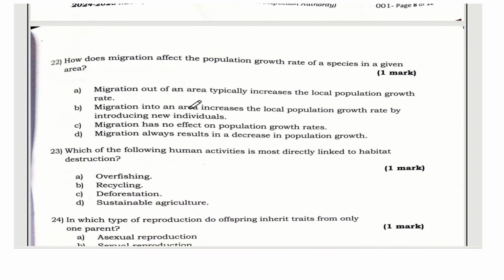B. Migration into an area increases the local population growth rate by introducing new individuals. C. Migration has no effect on population growth rates. D. Migration always results in decreased population growth. So here the answer is B.